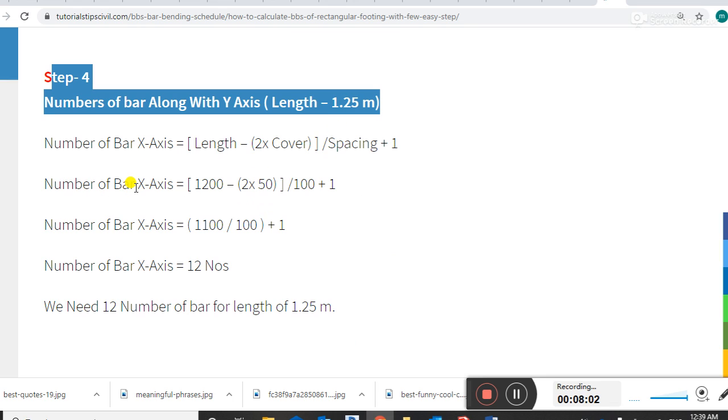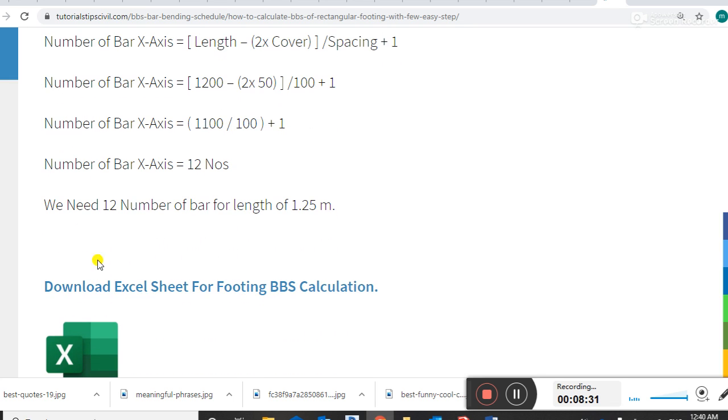That is 1200 minus 2 into cover 50, divided by 100, plus 1. 1200 minus 100 is 1100, divided by 100, plus 1. Number of bars in y-axis is 12, guys. After calculation, we need 12 bars for the length of 1.2 meters.